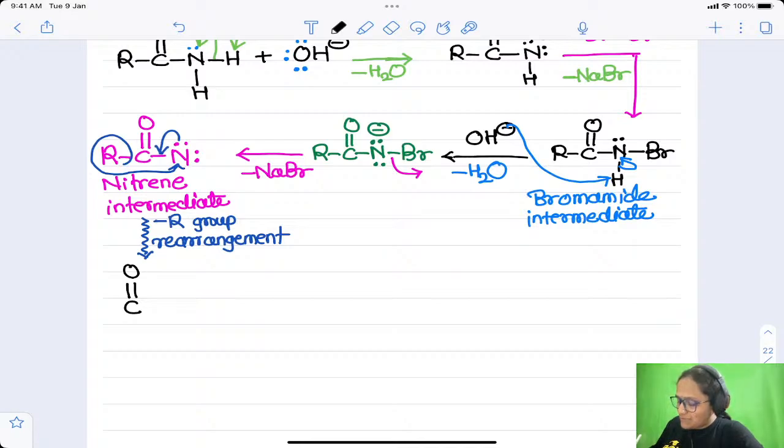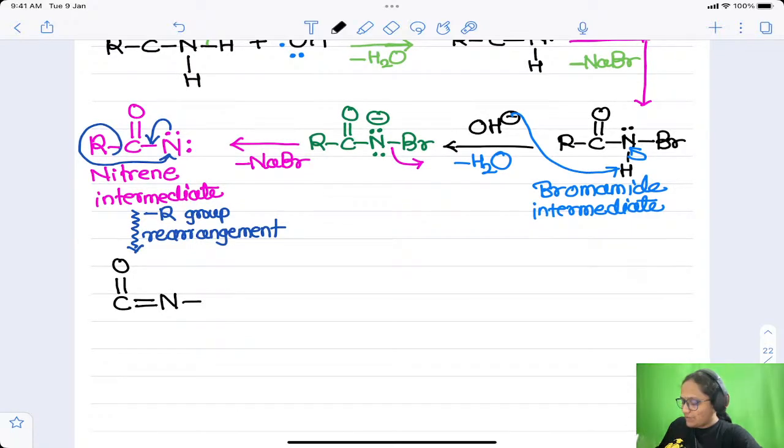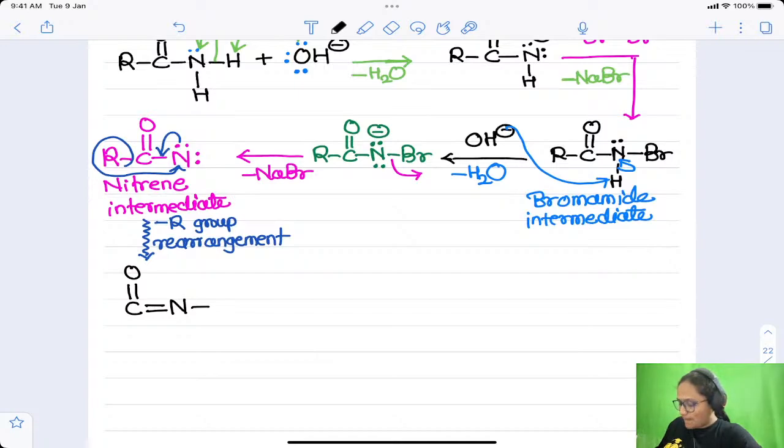Nitrogen and carbon, previously a single bond, are now converted to a double bond, because nitrogen gave one lone pair of electrons between the carbon and nitrogen. These electrons are nothing but the bonding electrons, because R has taken all the electrons with it and shifted to nitrogen. And this nitrogen still contains one lone pair of electrons, because two were there and one has been shifted.